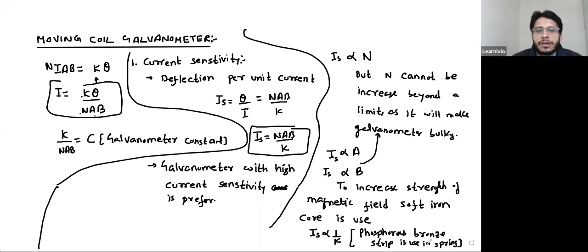The spring of a moving coil galvanometer is made of an alloy of phosphorus and bronze, just to have a minimum value of K so that your current sensitivity is maximum.